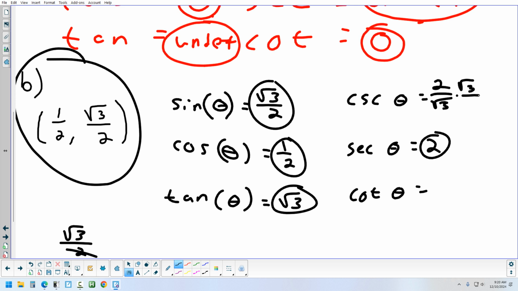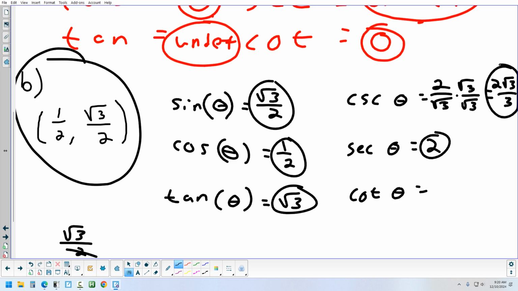You can multiply by square root of 3 over square root of 3. You can only multiply by the same thing in the top and the bottom, which is effectively multiplying by 1, but in a way that makes something special happen. In the top, we get 2 square roots of 3, and in the bottom, what do we get? 3. Okay, in the bottom, you get square root of 9 or 3. So the cosecant is 2 root 3 over 3.